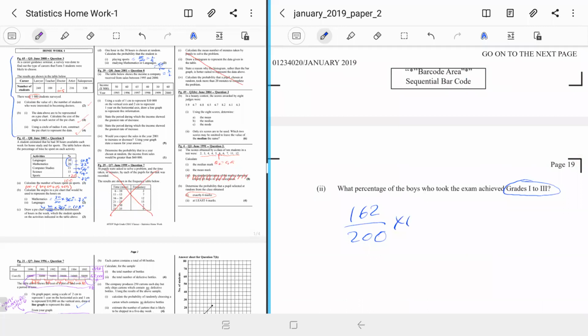Percentage-wise, multiply by 100. What is the percentage? 81%. So 162 students got between grade 1 and 3, 200 in all, multiplied by 100, and that is 81%. So 81% of the students got between grade 1 and 3.